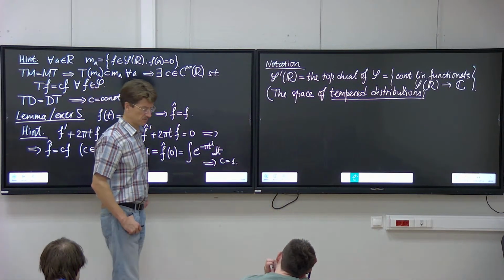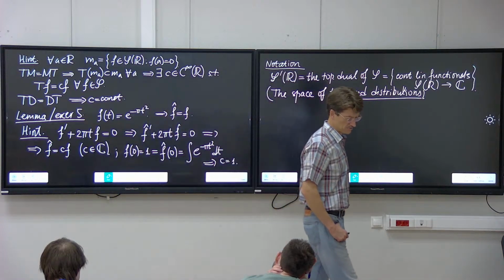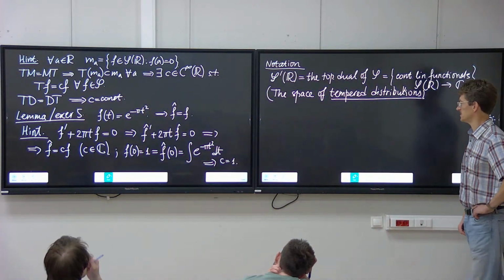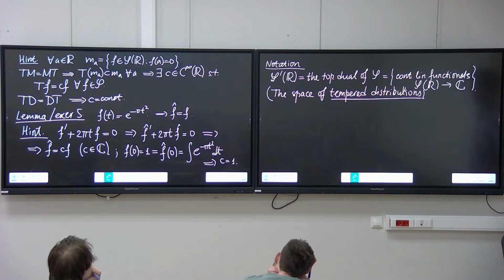This is not so essential for our purposes. And also, I'll not really recall what a distribution is. But for our purposes, this space is useful because we can easily extend the Fourier transform to this space. The usual Russian terminology is обобщенные функции умеренного роста.